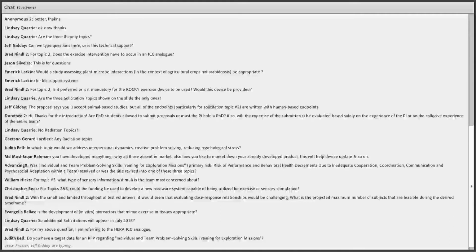The development of in vitro bioreactors that mimic exercise in tissues appropriate. That was not anticipated, that would be what we're looking for, because of the difficulty in representing that into the stress reduction component. Now, clearly, biomarkers that relate to stress could potentially be a component of it.